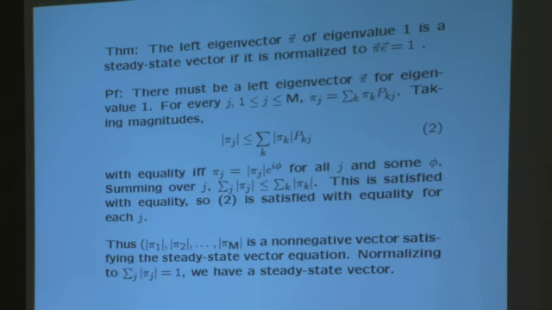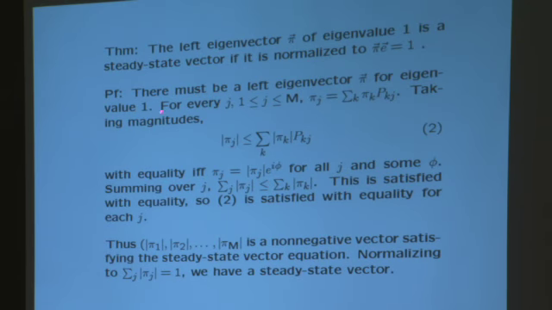The theorem is the left eigenvector pi is a steady state vector if it's normalized in this way. In other words, we know that there is a left eigenvector pi which has eigenvalue 1 because there's a right eigenvector, and if there's a right eigenvector there has to be a left eigenvector. What we don't know is that pi actually has non-negative terms. So that's the thing we want to show.